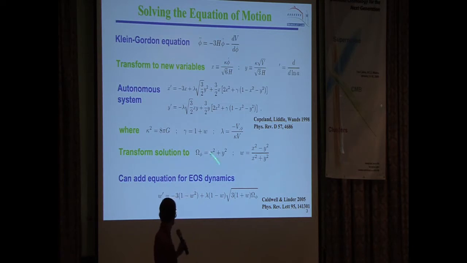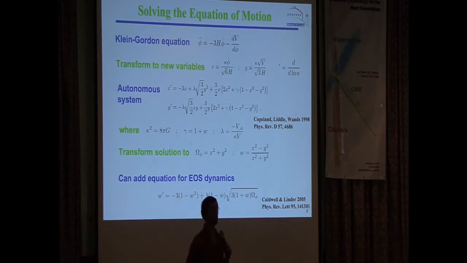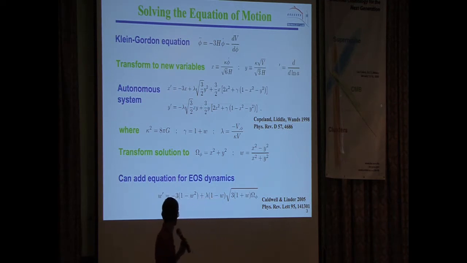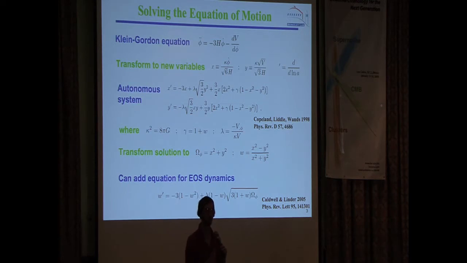So for example, you might want to transform it to what's the actual energy density in the dark component, or what is the equation of state of the dark component, and look at the dynamics, the behaviors in respect to those variables. You can add more equations. For example, you can add an equation to directly talk about how this gamma parameter is evolving in time. And then you're getting the w-w prime, the phase space behavior of the dark energy, very directly.